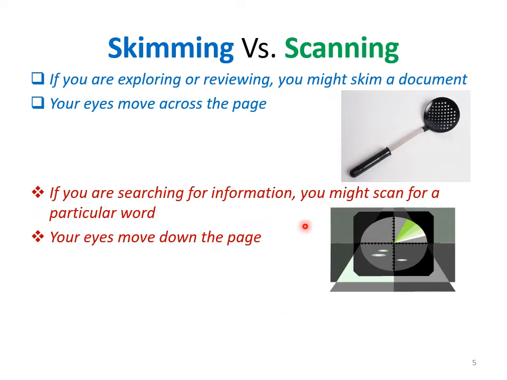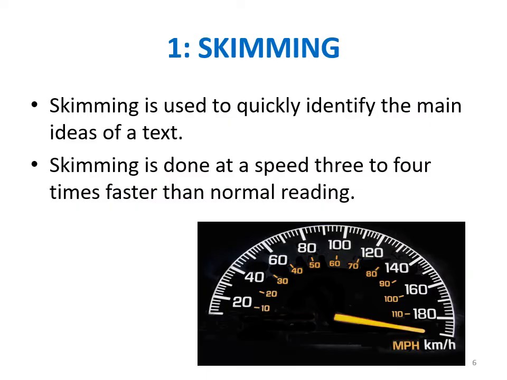That is called scanning. So both of these are very important skills, and you need them in your IELTS reading module when you are reading the text, because texts are sometimes long. Obviously, I gave you the word limit in one of my previous lectures.